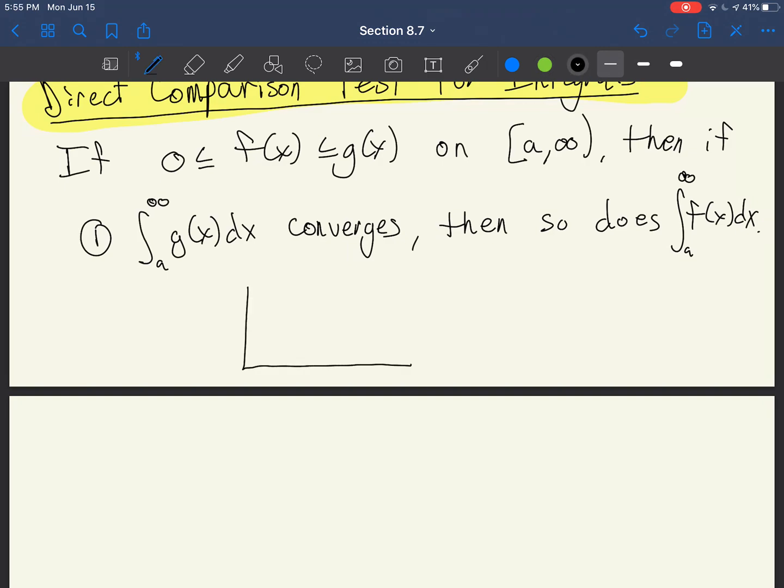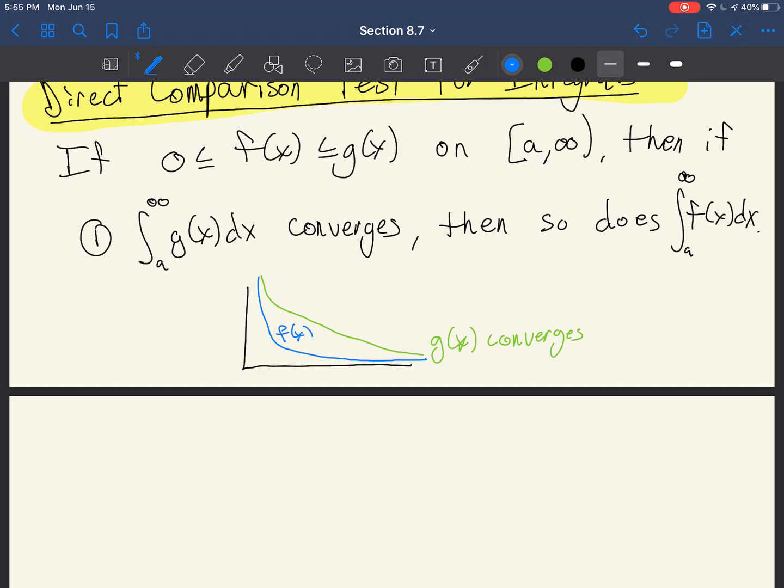So a quick little explanation as to why this is. Let's say we have a little chart. And then let's say g of x goes like this, and this is g of x, and it converges. That means that the area below this curve, all of this area, is finite.